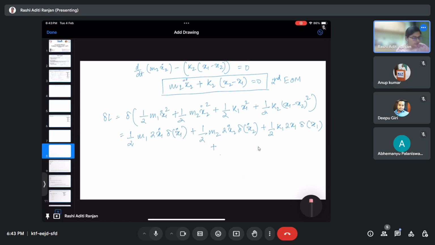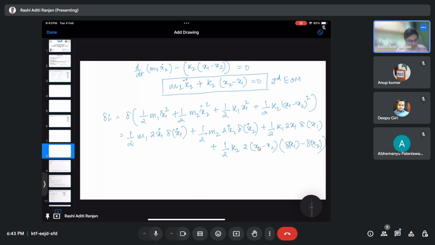Let us write it as of now in generalized form only. Half k2 twice of (x1 minus x2). Okay, and then inside it is going to be delta of x1 minus delta of x2.